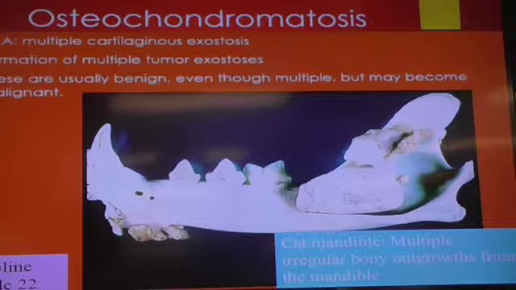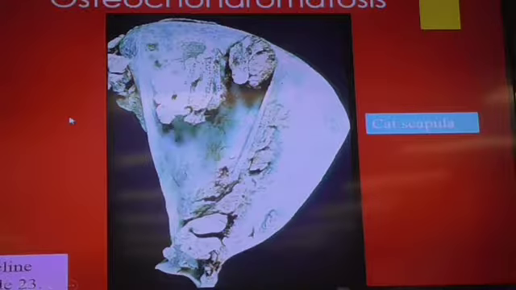They're not neoplastic, but they eventually can become tumorous if they continue to grow. And this is a case where it's in the scapula. Can you imagine how painful that must have been for the animal?